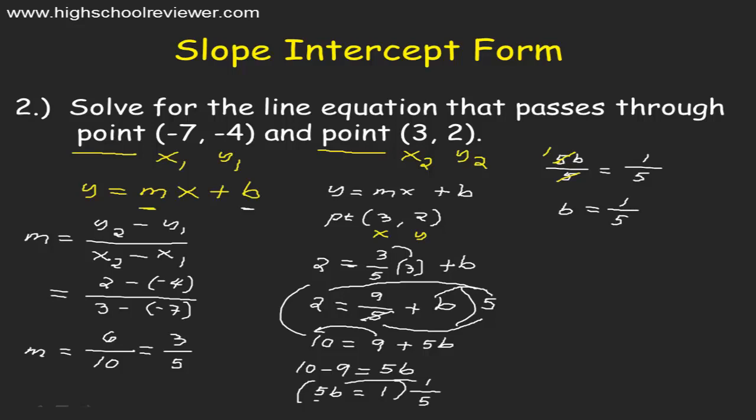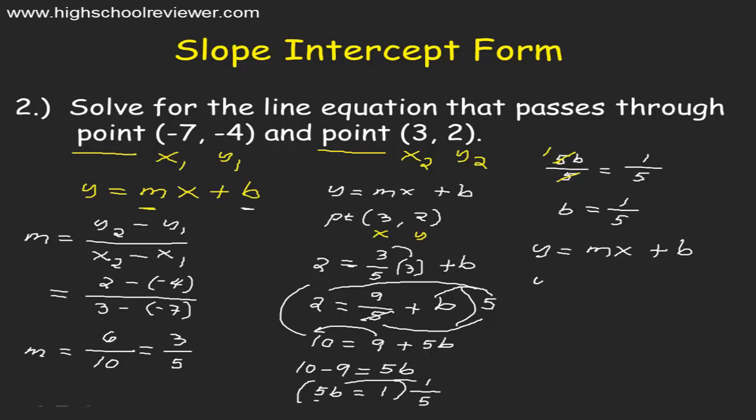So we now have our m and b. We can now find the slope-intercept form equation. So our equation will be y is equal to mx plus b. We cannot substitute any points here anymore because this is our final equation.